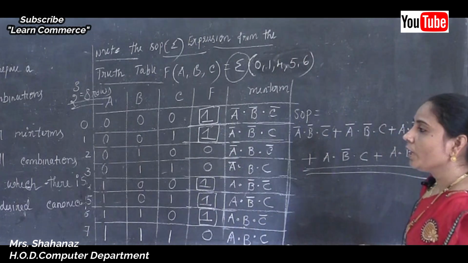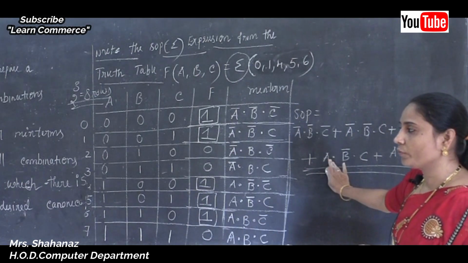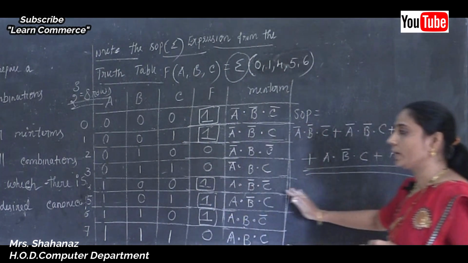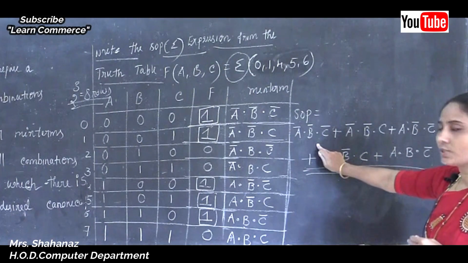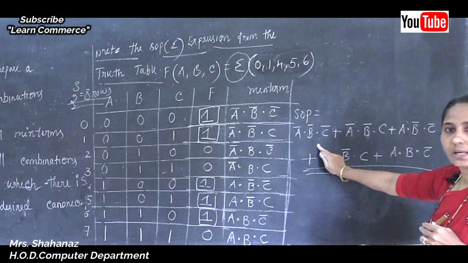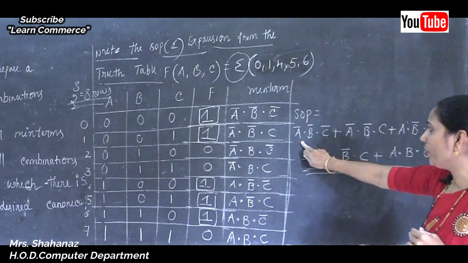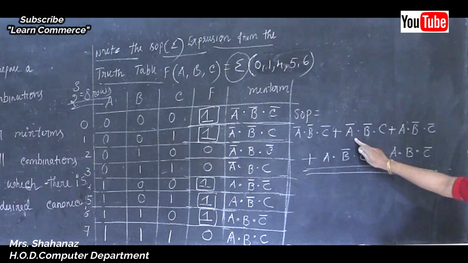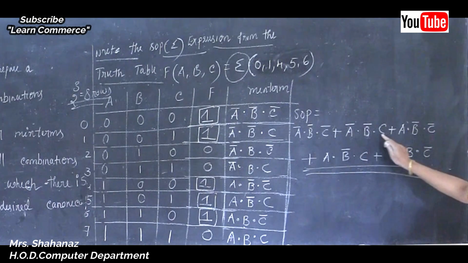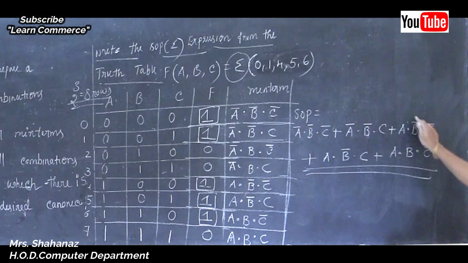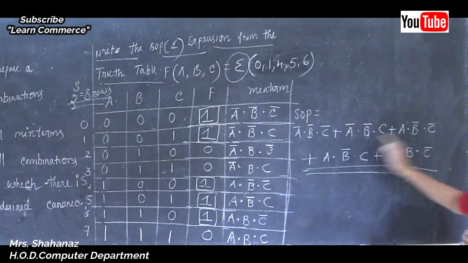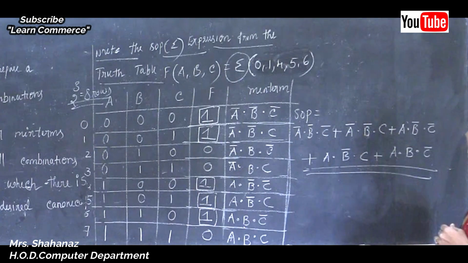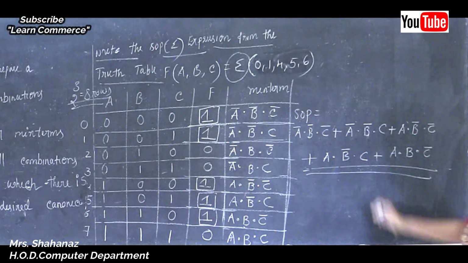Clear this point here: add all the min terms for which the output is 1. This gives you the desired canonical expression. So the final SOP result is complement A and complement B and complement C plus complement A and complement B and C plus A and complement B and complement C plus A and complement B and C plus A and B and complement C.